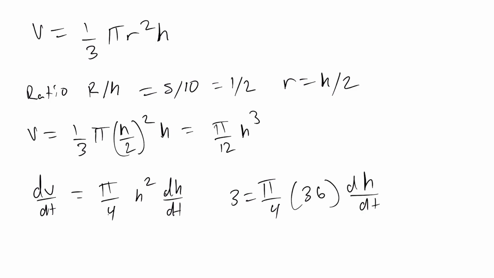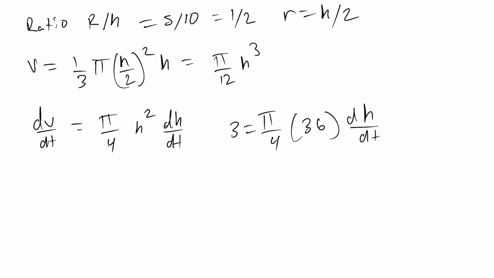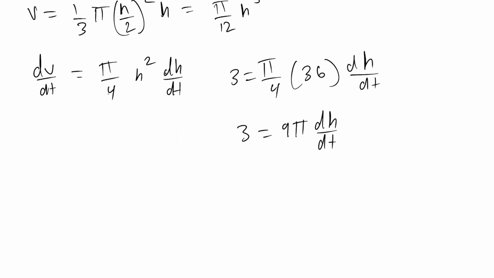And then what we'll be left with, essentially, 3 is equal to 9 pi dh over dt. And when we isolate for dh over dt, we are going to be left with it equal to 1 over 3 pi meters per minute.